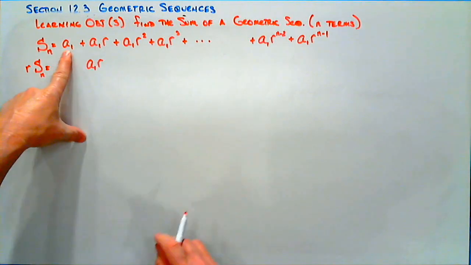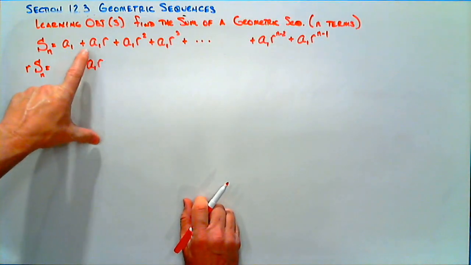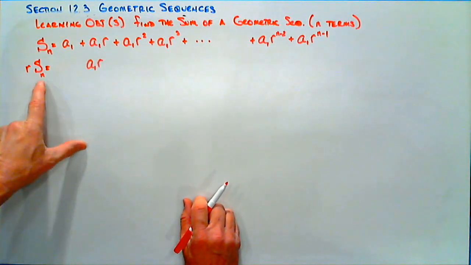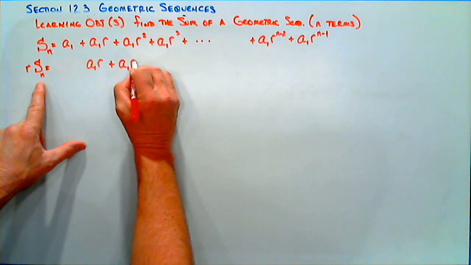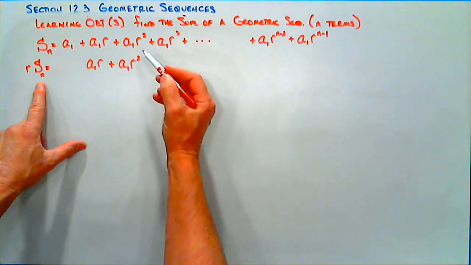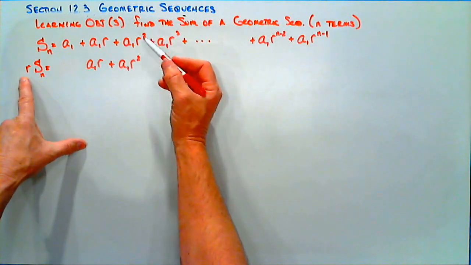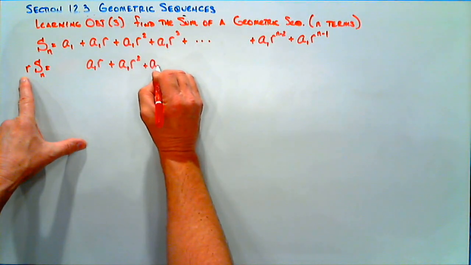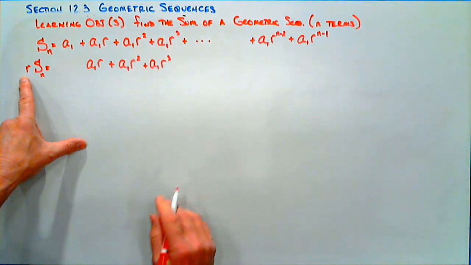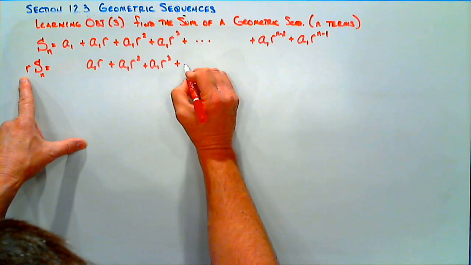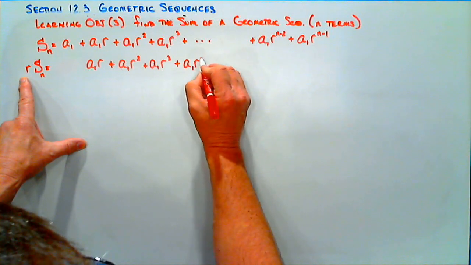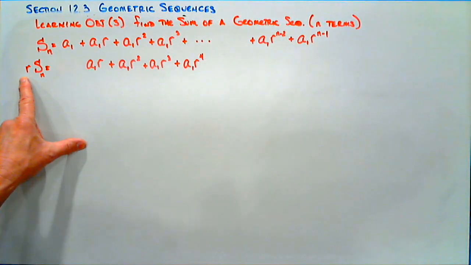All right, so I took this, I multiplied by r, a1 times r. Now I have to multiply a1r by r, so that's going to be a1r squared. I have to multiply a1r squared by r, that's going to be a1r cubed. I have to multiply a1r cubed by r, that means I'm going to get a1r to the fourth.